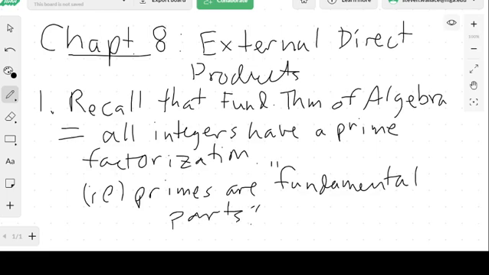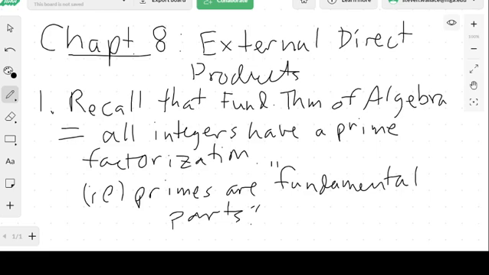Okay, so is there something that's similar to that for groups? Remember that we talked about group theory as being the algebraic abstraction of the idea of addition of integers.